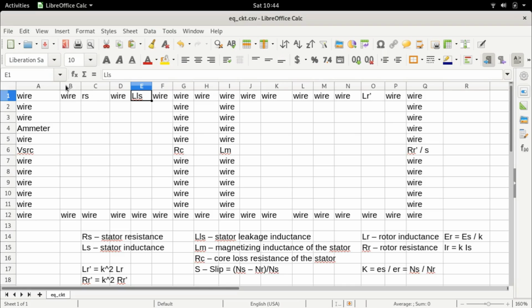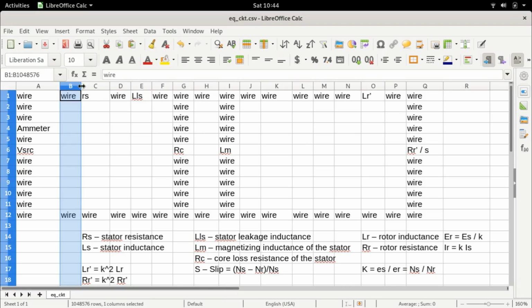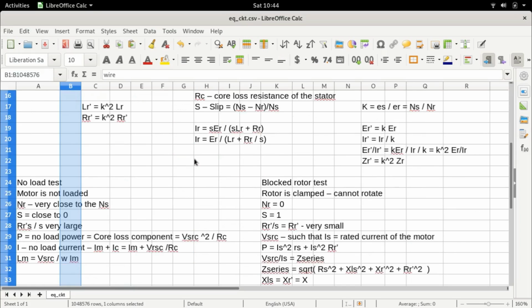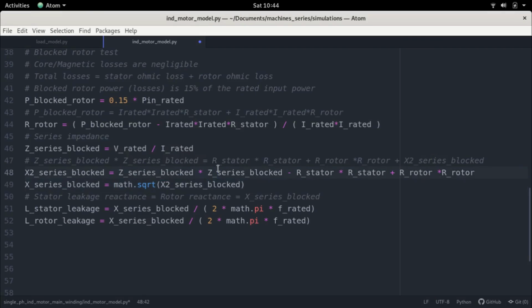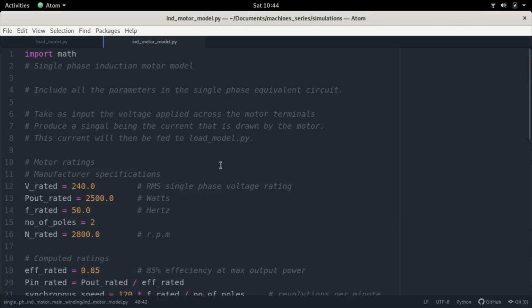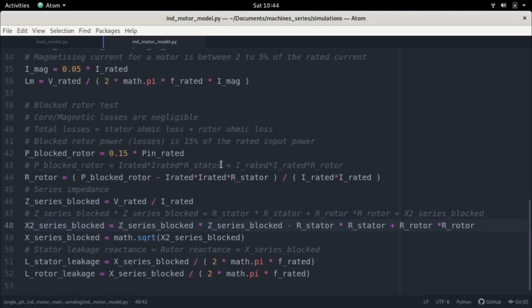Therefore, if we consider the motor, everything to the right of this line, we have all these parameters. So using the no load test and the blocked rotor test, we have calculated every parameter of the induction motor. Let me save this. With this, we now have an equivalent circuit of an induction motor which we can use to simulate the induction motor.